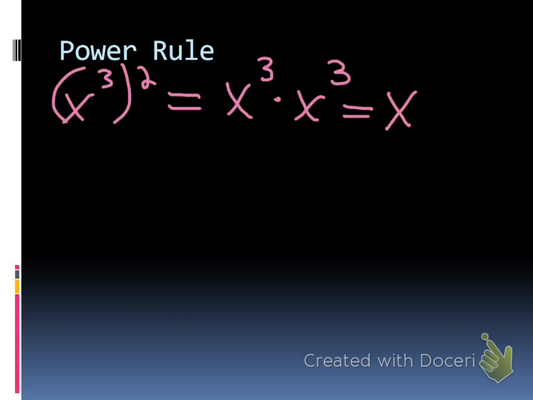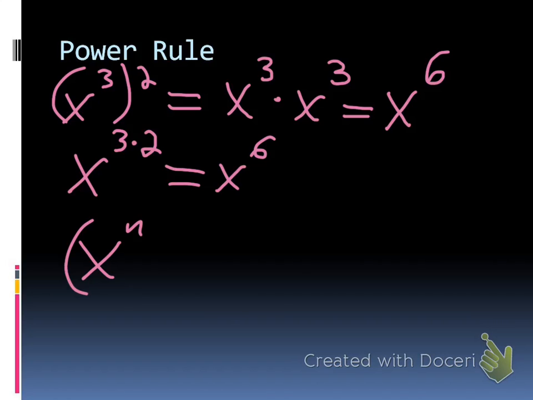So this would actually be x to the 6th power. You might have noticed that x to the 3 times 2 power is x to the 6th power also. And that leads us into the power rule, which says x to the n, if we raise that to the m, then that is actually x to the n times m.